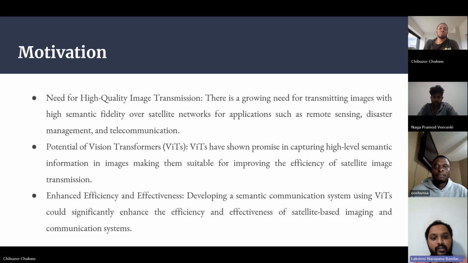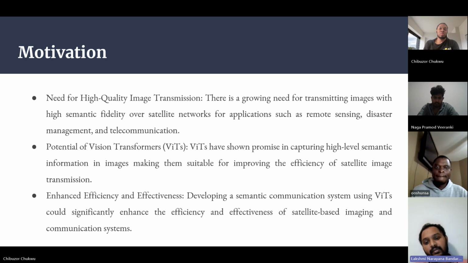The potential of vision transformers: they have shown promise in capturing high-level semantic information in images, making them suitable for improving the efficiency of satellite image transmission.